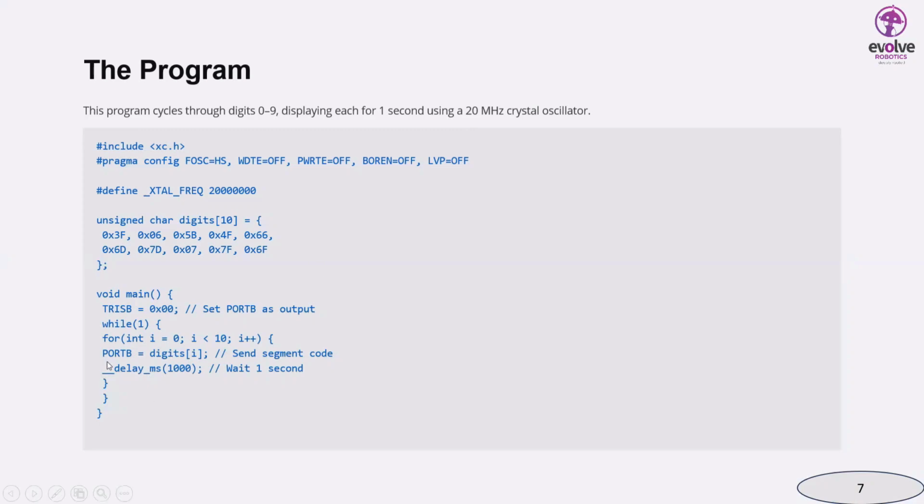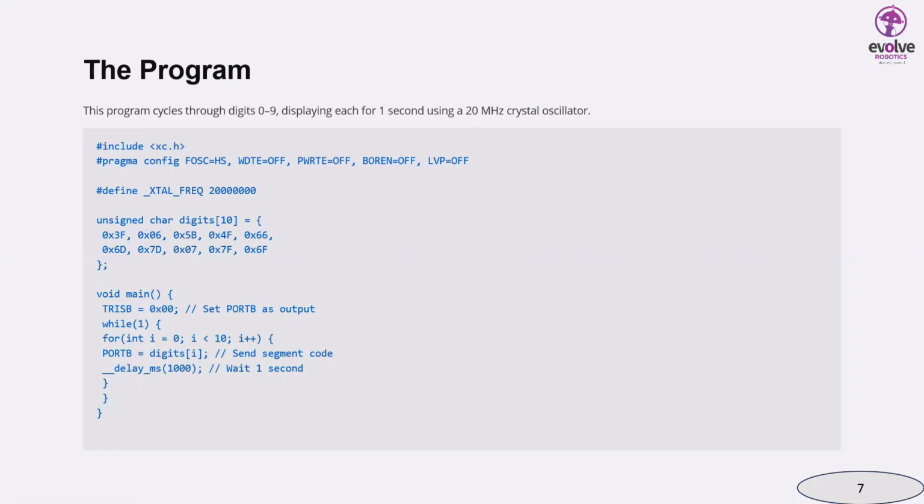For that, I have used a loop known as for loop. For counting 0 to 9, I have used a for loop. Using this for loop, it will take values from 0 to 9.